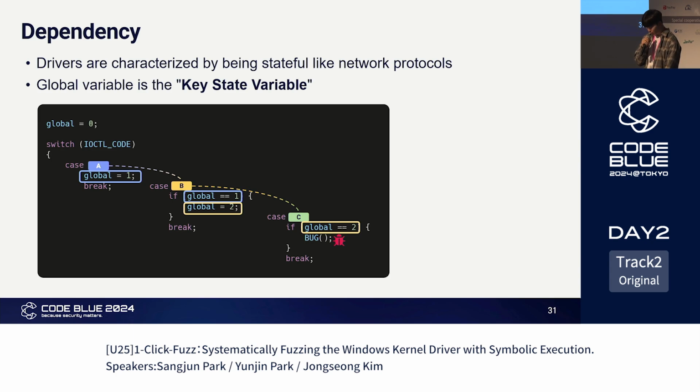So some code runs properly only after meeting this dependency, meaning there are vulnerabilities that only appear when approached in a stateful manner. To find this type of bug through fuzzing, we decided to analyze the dependencies of all the global variables used within the control code.